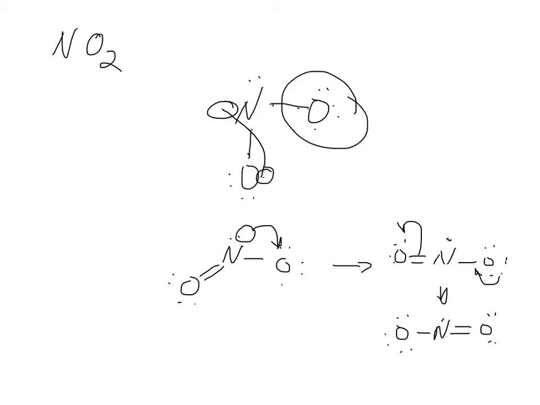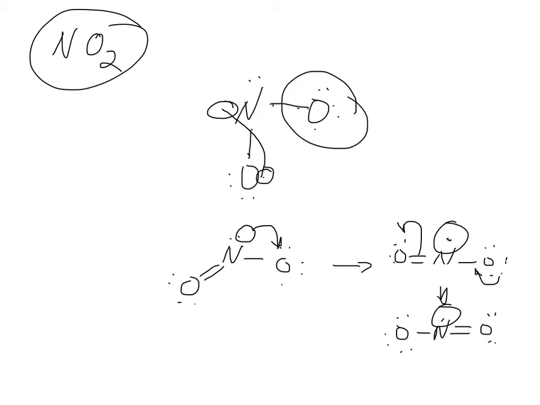Now, it also explains why NO2 is a very, very dangerous brown reactive gas, because it has an odd number of electrons on the nitrogen. Nitrogen wants 8 valence electrons. It's the third most electronegative atom on the periodic table. It's going to get its extra electrons somehow.